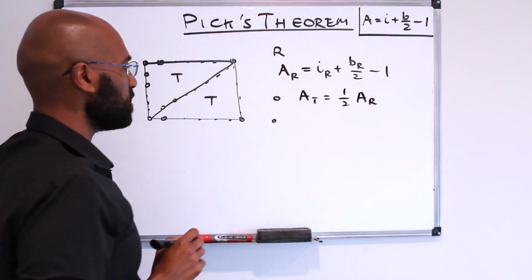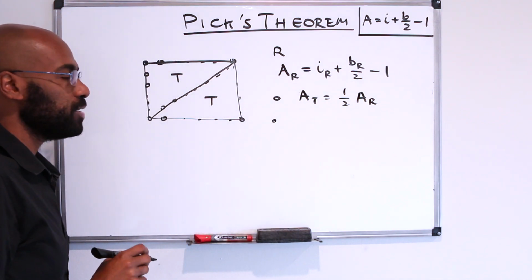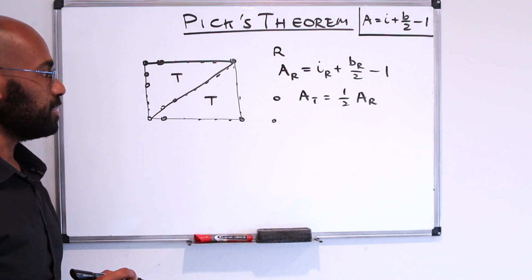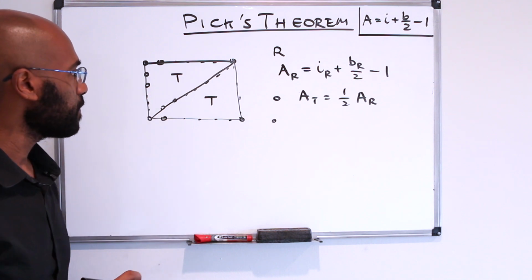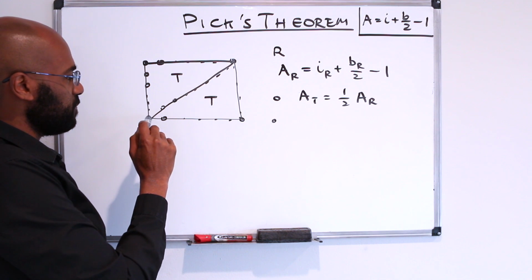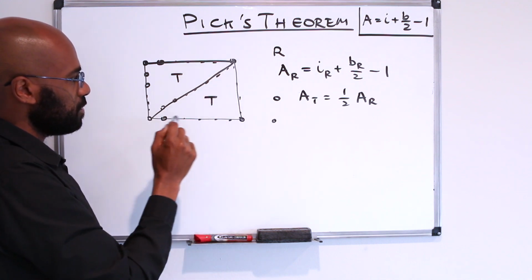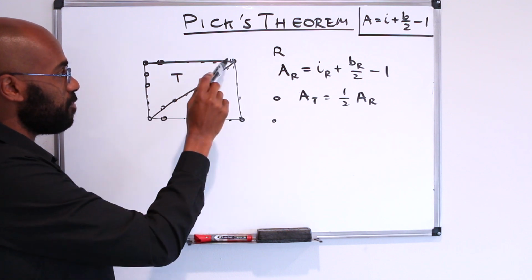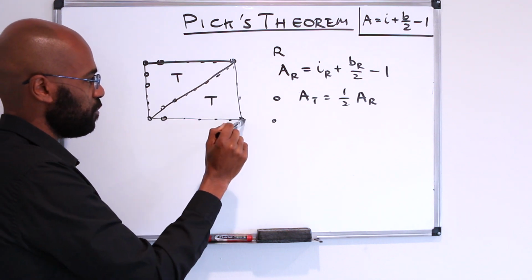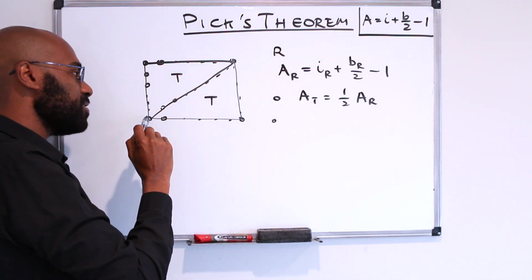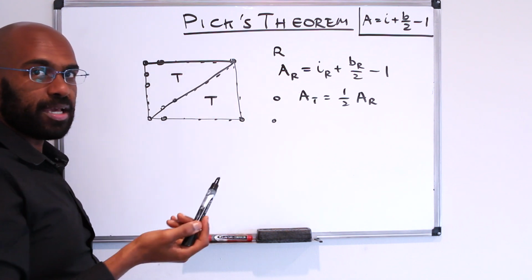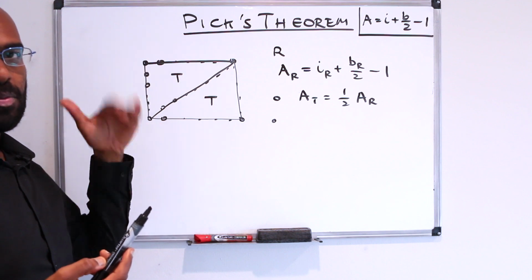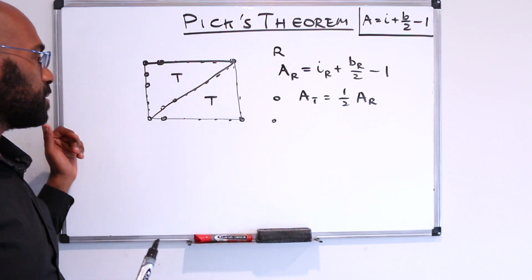Okay, so let's do a similar thing with the number of boundary points and the number of interior points in T itself. So let's look at the boundary points of T. So T looks like this. We can partially relate the number of boundary points in T to the number of boundary points in the rectangle. But then there's this interesting weird part, which is the diagonal. And unfortunately, the diagonal could be at any slope, and we don't really know what that slope is.